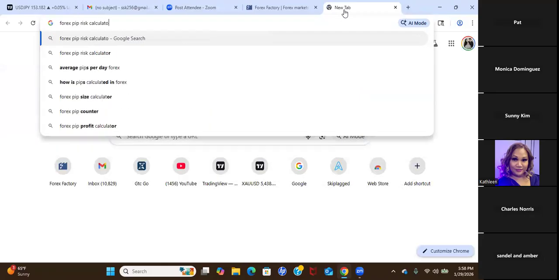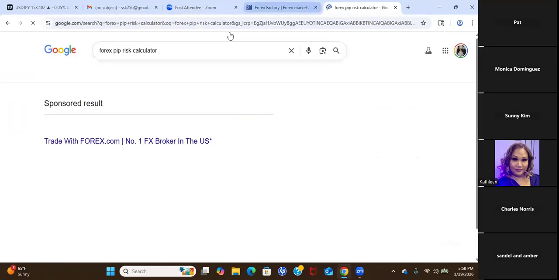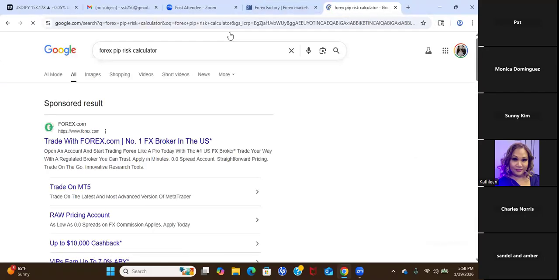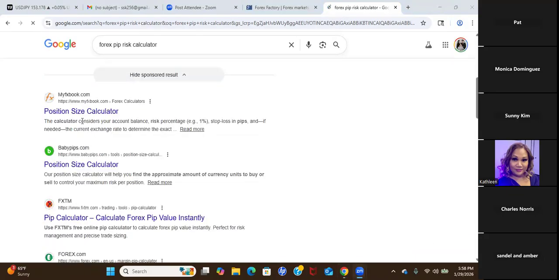I think that's what it's called. Wow, 100 to 900 a day. You should have withdrawn and paid for your car, sir. All right, let's see. There you go. So you see here, Sandal? Yeah. Position size calculator. Okay. I'm gonna take a screenshot and I'm gonna play with it. No problem. Thank you.